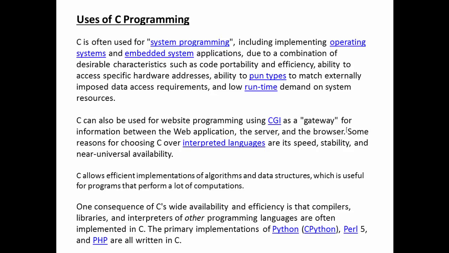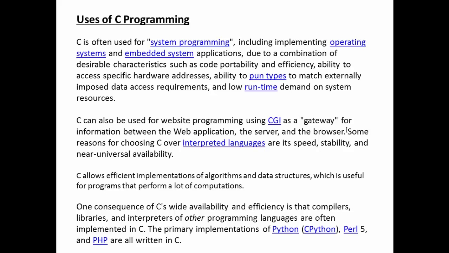C is also used in website programming like CGI, the common gateway interface, which is used to transfer information to and fro between the server and the browser. C also allows the efficient implementation of data structures like stacks, queues, and linked lists, which is very useful for performing a lot of complex problems.